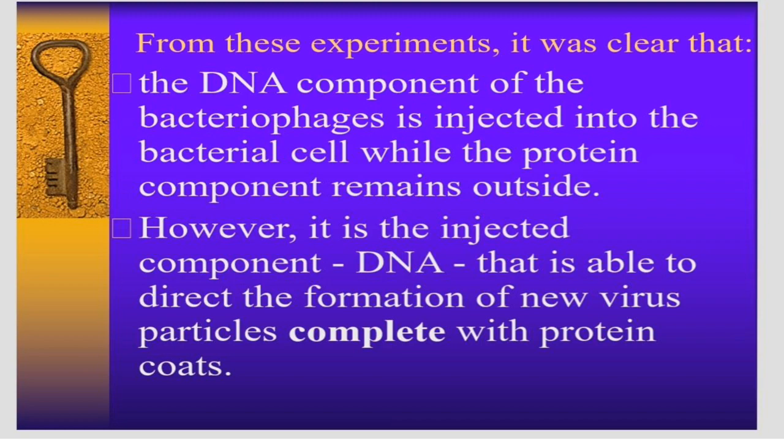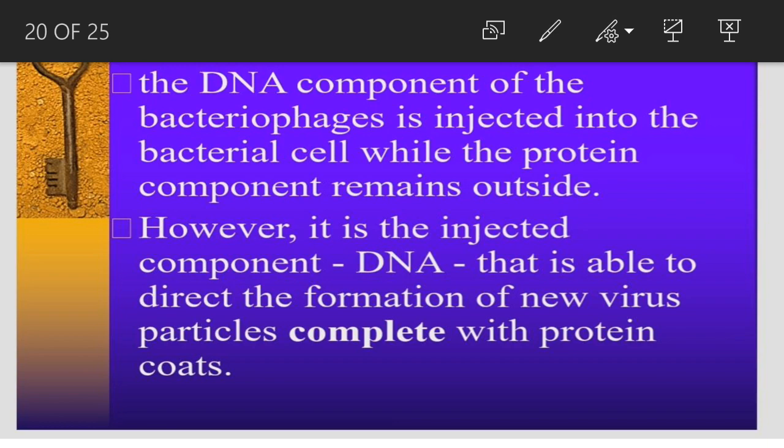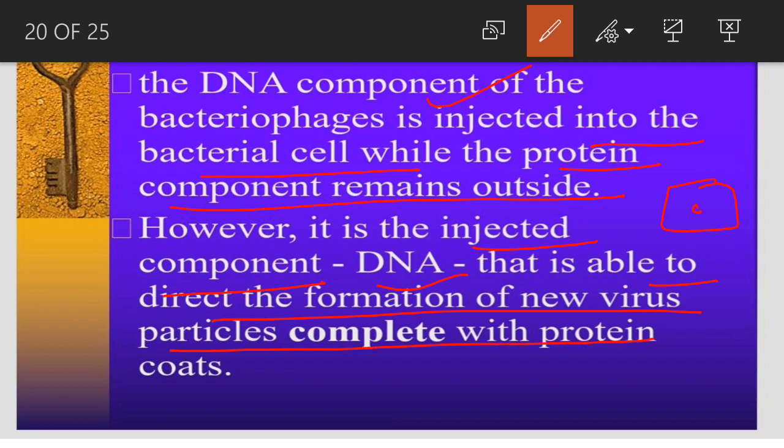Now from these experiments, it was clear that the DNA component of the bacteriophages is injected into the bacterial cell while the protein component remains outside. However, it is the injected component, the DNA which entered inside the E. coli, that is able to direct the formation of new virus particles complete with the proteins.